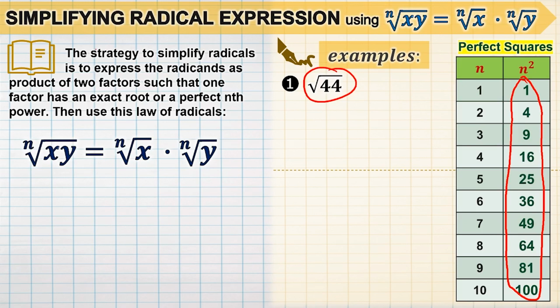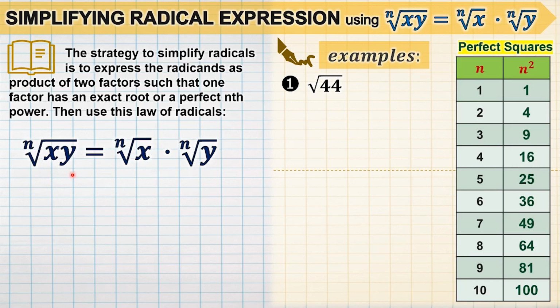Now, according here, it says that the strategy to simplify radical expressions is to express the radicands as a product of two factors such that one factor is an exact root or a perfect nth power. Then we have to use this law of radicals. So, ito daw yung gagamitin nating law.